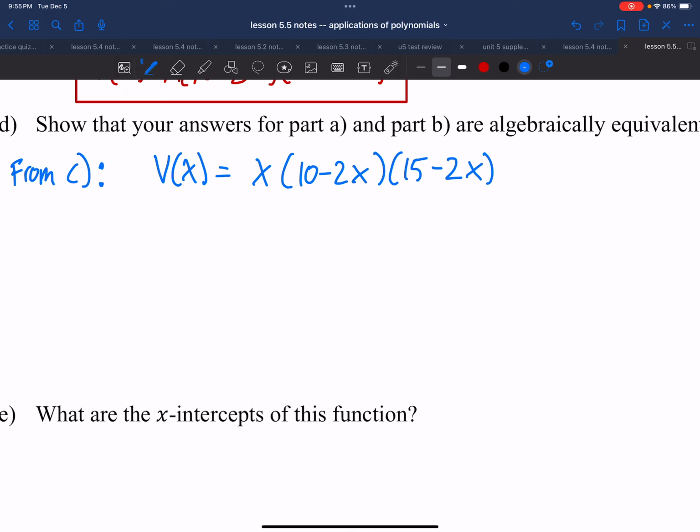So when you look at 10 minus 2x right here, two things. 10, 2. Both have a GCF of 2. Also, x is negative, so you can factor out a negative. So I'm going to factor out negative 2. And then I have my x here. 10 divided by negative 2, I don't mean subtraction, I mean division, is negative 5.